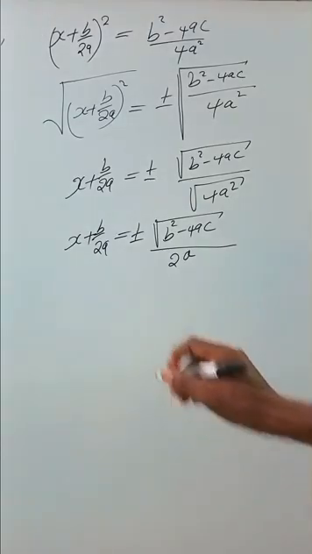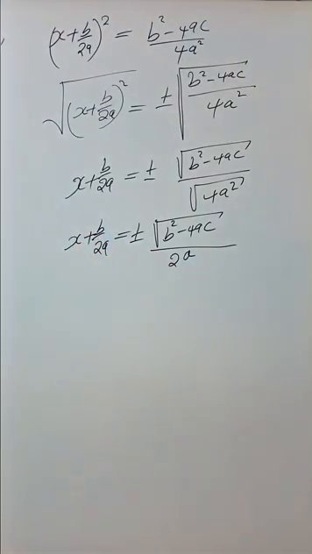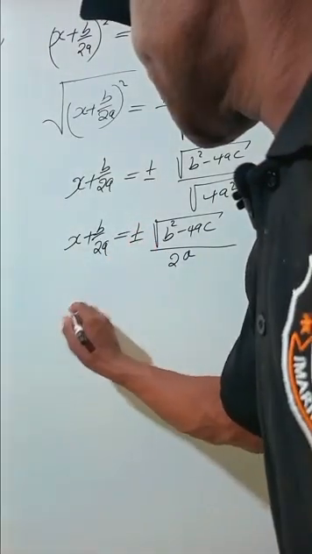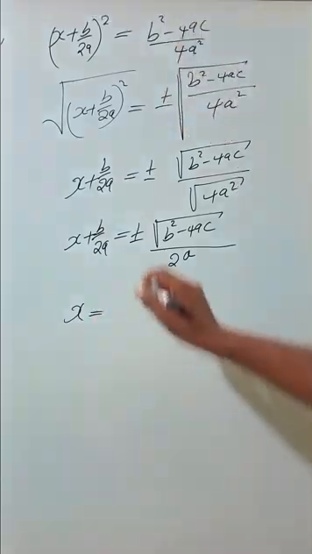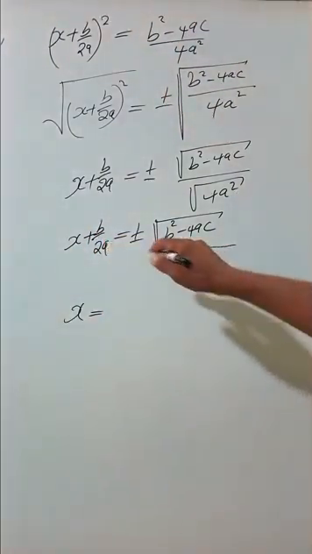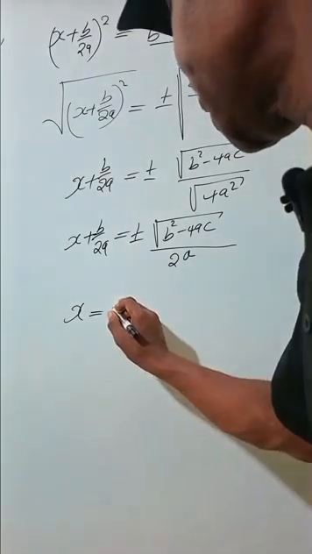So what do we do now? We are solving for x. So we shall have to leave x on the left-hand side and transfer everything else to the right-hand side. So x will be equal to, b over 2a is positive, when it goes on the right-hand side, it starts with a negative sign.